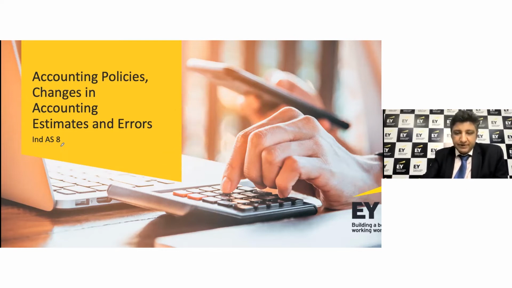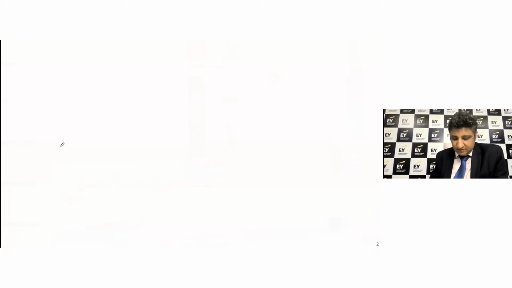So somewhere when you look at this particular standard, what we want to convey here is that there are different standards that provide, for example, choices of the accounting policies to be made, right?